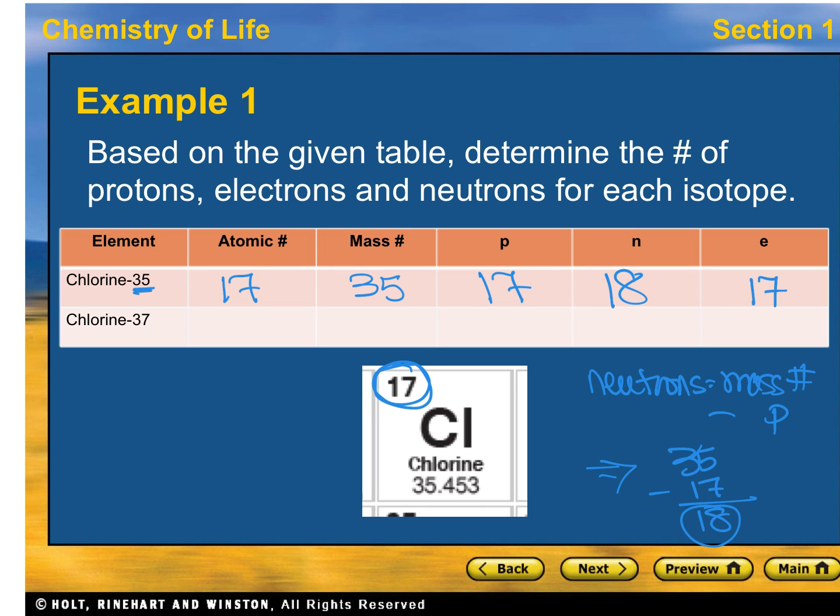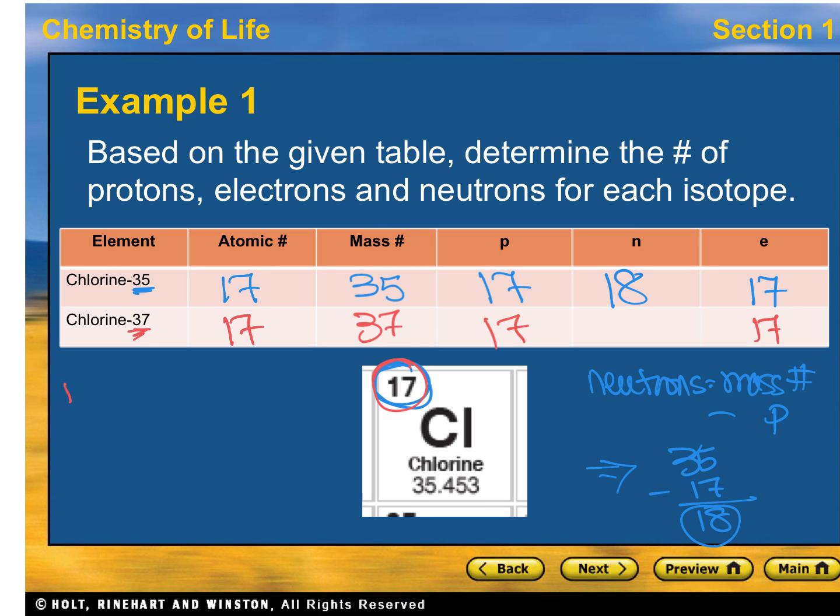Now I can go ahead and do the same thing for the next one, which is chlorine-37. Again, the 37 is my mass number, so I'm going to start there. Then for my atomic number, because I'm still dealing with chlorine, my atomic number is still 17. The atomic number is the same as my number of protons, which is also the same as my electrons.